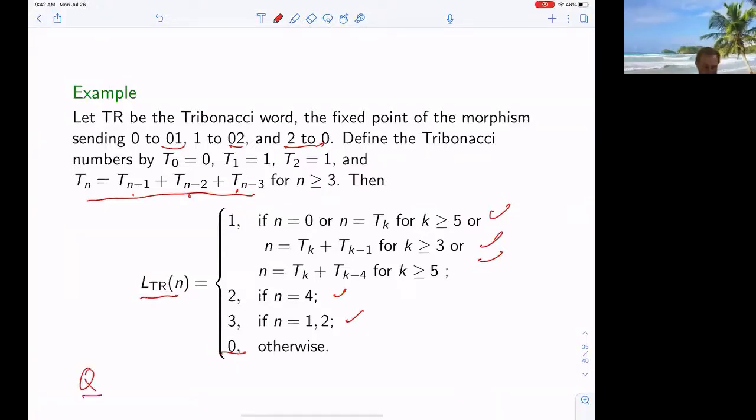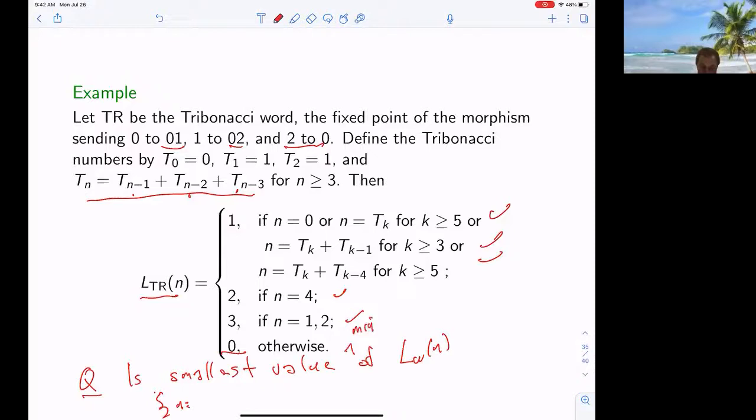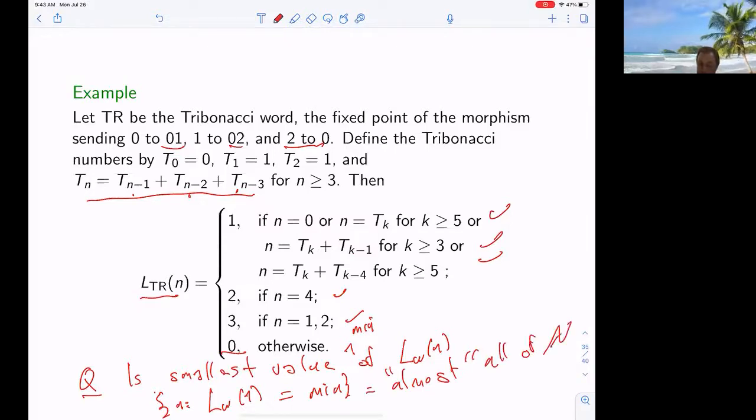So there is a question. It seems like the smallest value of the Lie complexity function holds. Is the set of n, let's call it the set of the smallest value, min, almost all of the natural numbers? By almost, I mean its complement is sparse.